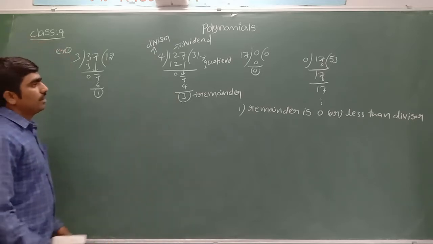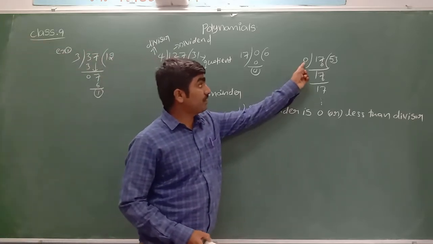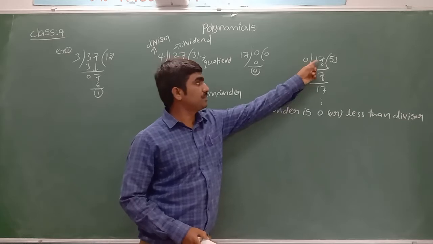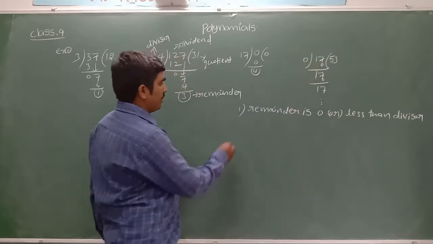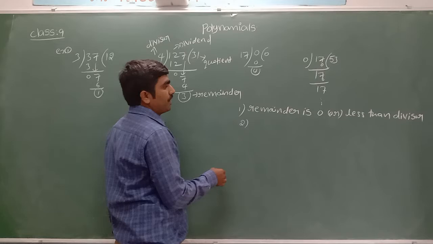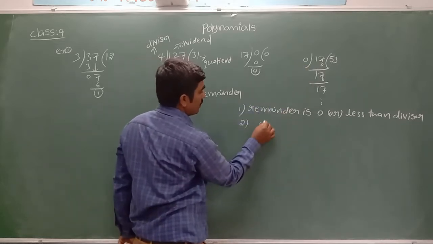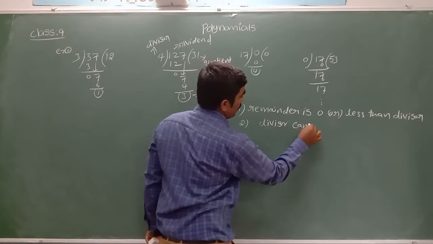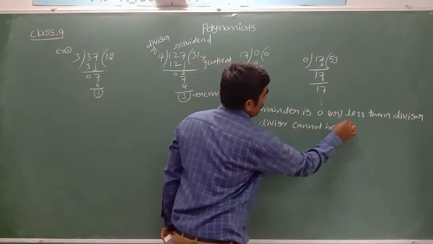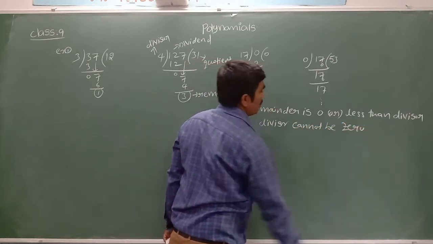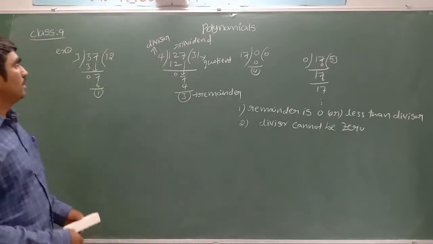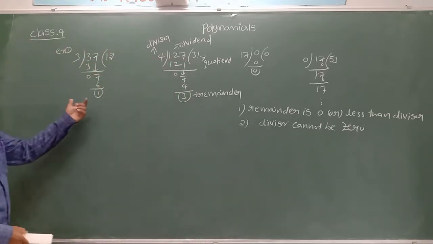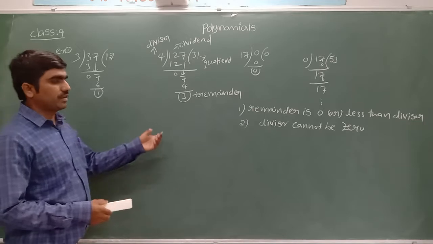And more, we should not take the divisor as 0. Something divided by 0 is undefined. Because of that, what can we write now? Divisor cannot be 0. Yes, this we can observe from these division examples.